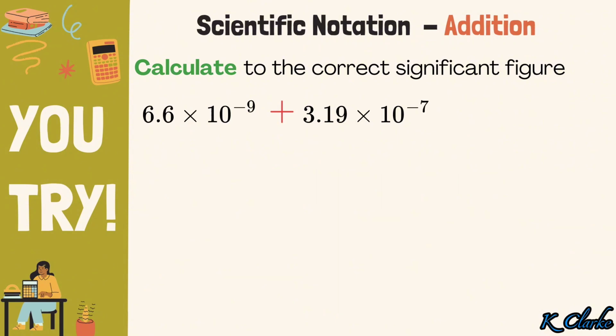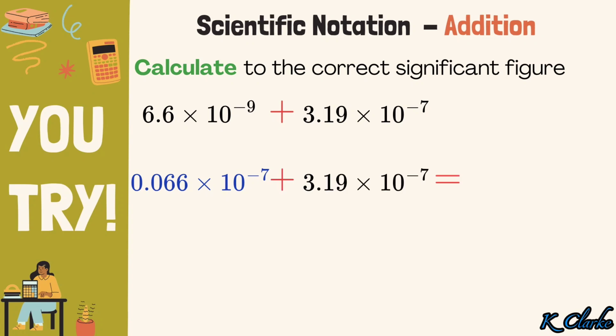Here's another one. Calculate 6.6 times 10 to the power of negative 9 plus 3.19 times 10 to the power of negative 7. First, converting the smaller value to the bigger one, then doing your addition.